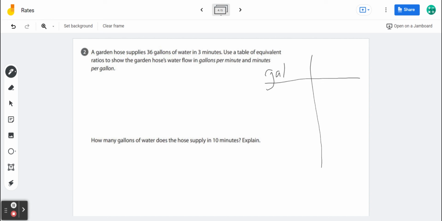On one side I have gallons, on the other side I have minutes. They told me 36 gallons every 3 minutes. They want us to figure out how many gallons per minute. So that means for 1 minute.